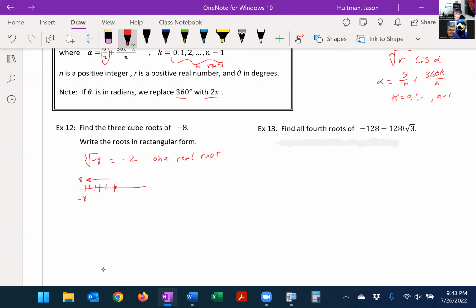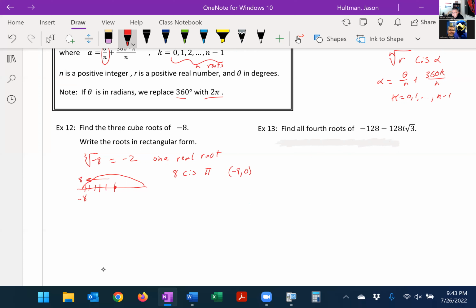How would I think of that in terms of radius and angle? The radius would be 8, and the angle would be pi. So this would be 8 CIS pi, and that's going to give me a value of negative 8.